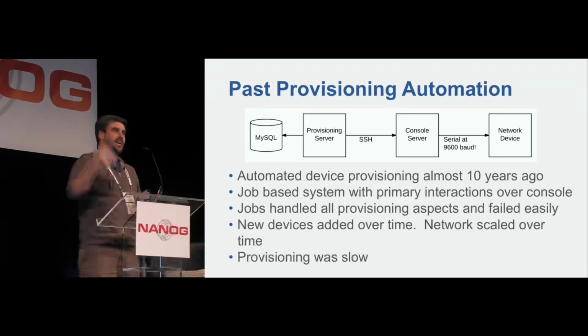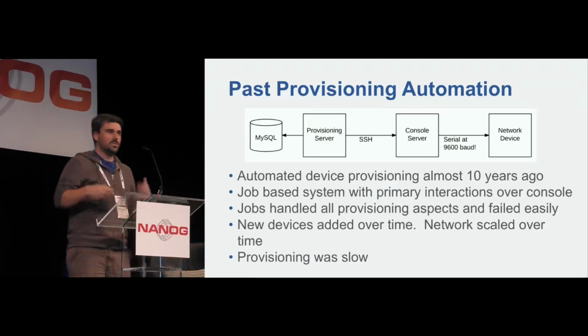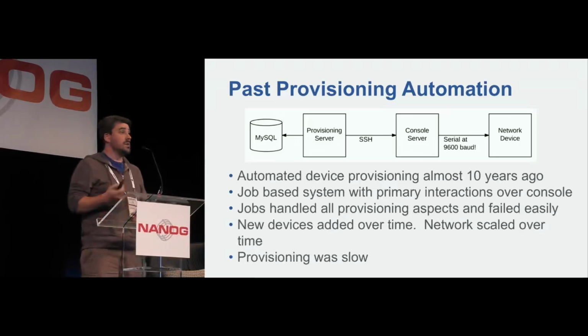You'd fix that change, you'd break the third device. So it became pretty hard to reconcile. It was also very slow, because you can imagine pasting in a configuration over 9600 baud was extremely slow. Everything was done very serially. We do this, we do this, we do this. We also did LLDP discovery during this process. So we would show LLDP neighbors, and try to figure out what the device was.